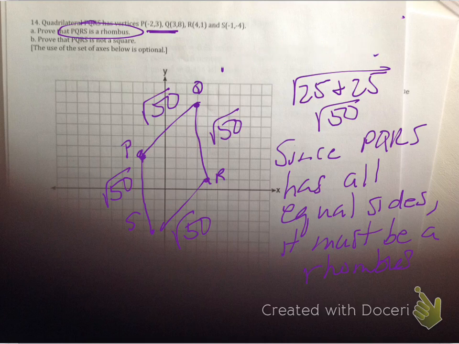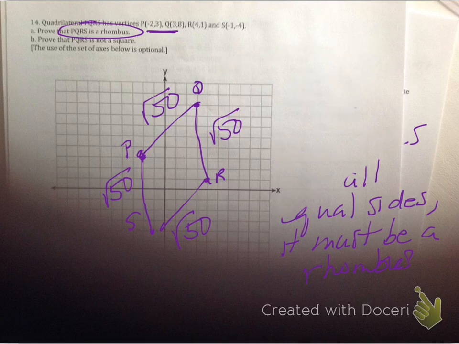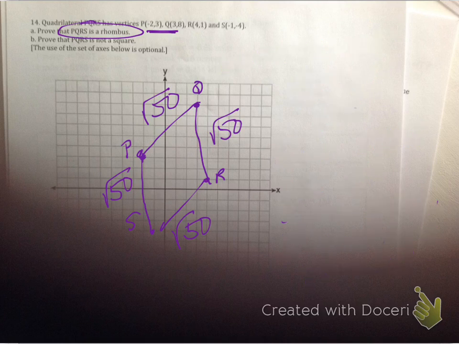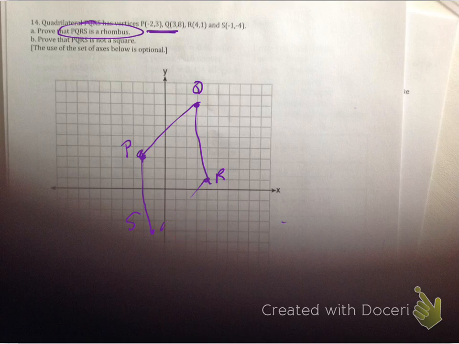Another way you could do this without using that formula is to show that the diagonals are perpendicular. A quadrilateral that has perpendicular diagonals would be a rhombus. So if we draw in our diagonals, let's find the slope of PR. I'm going to count up and over.